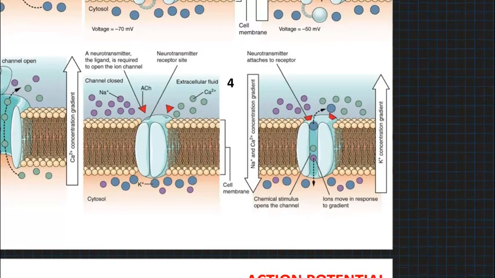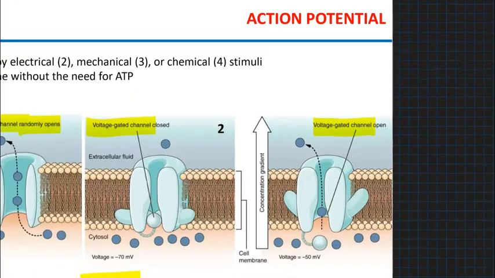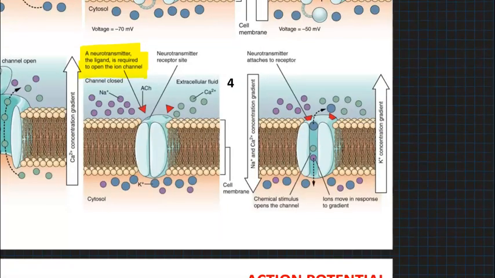If the channel opens in response to a neurotransmitter that binds to the channel, we call such a channel ligand-gated or chemically gated, usually ligand-gated channel. Sounds good? So a neurotransmitter can bind to a channel, we call them ionotropic receptors, and open it, and the ion will diffuse in whatever direction the gradient makes it.